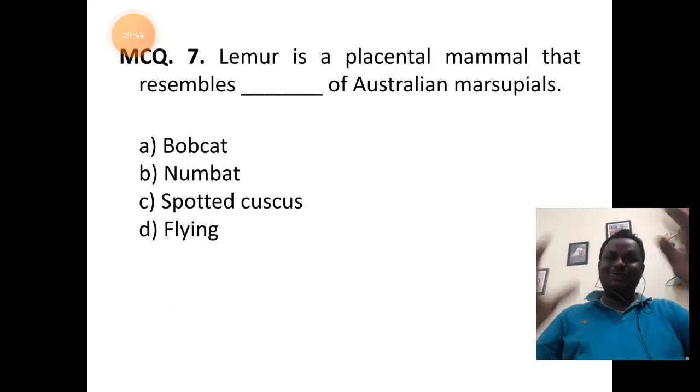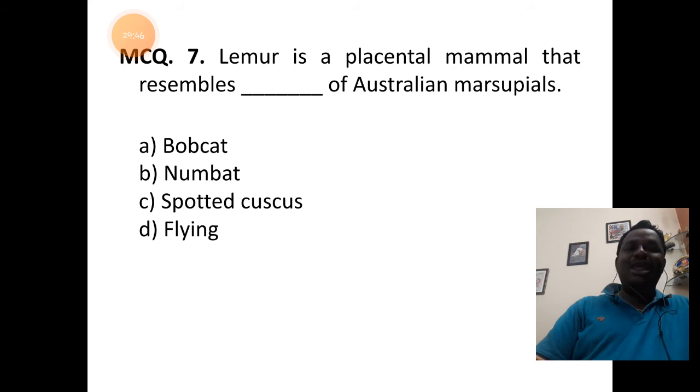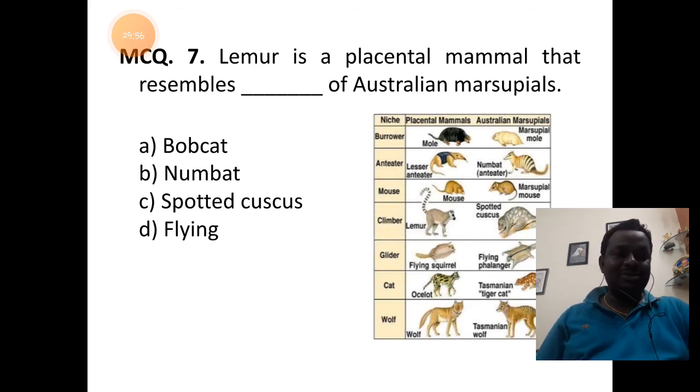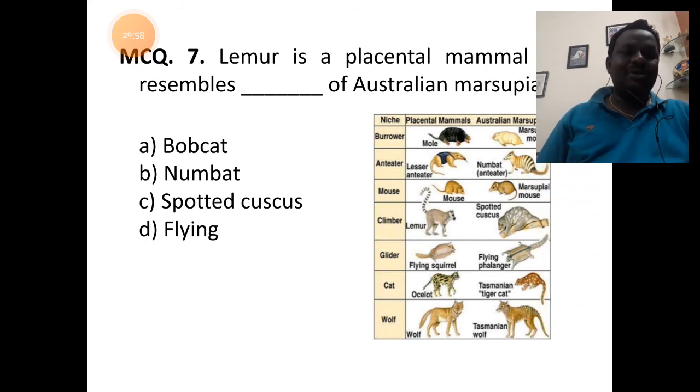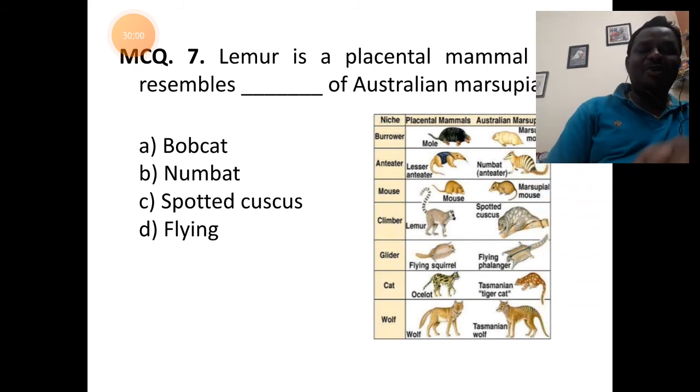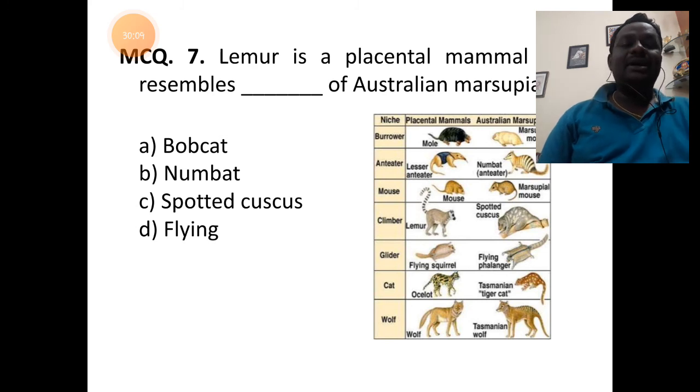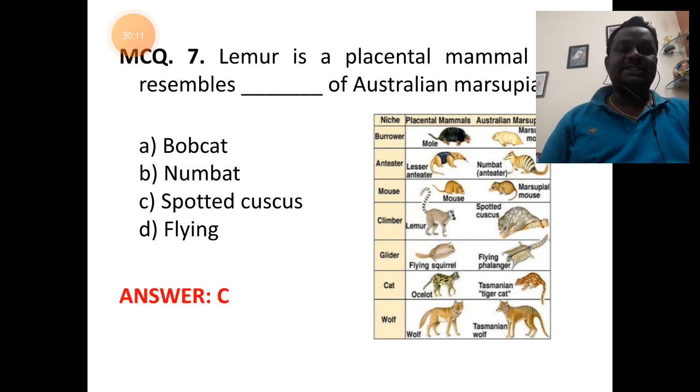In the examples we have quoted, lemur is a placental mammal that resembles dash of Australian marsupials. So when you look at the picture, lemur relates to which organism of Australian marsupials? It is the spotted cuscus, the climber. Example is C, spotted cuscus.